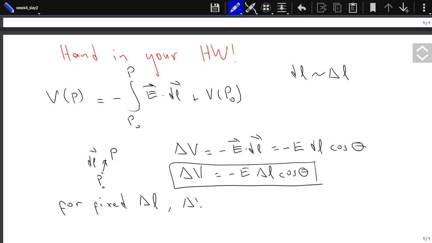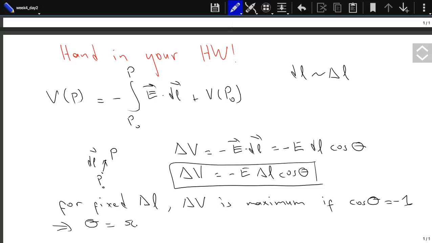For fixed delta L, delta V is maximum if cosine theta is equal to minus 1, or theta is equal to pi. But remember what theta is in this definition: theta is the angle between E and dl.